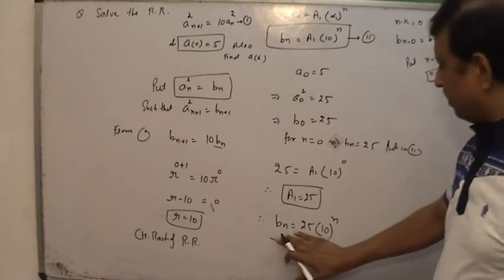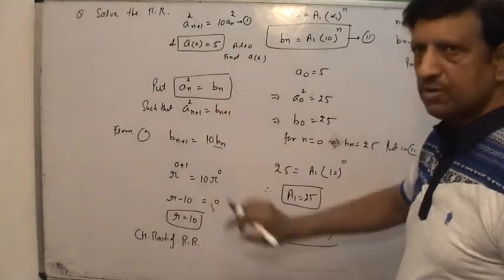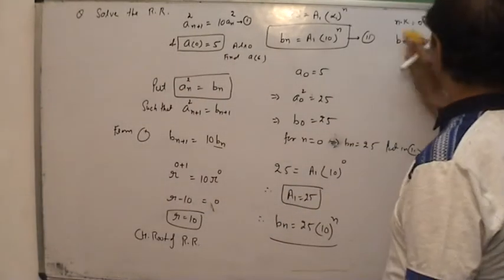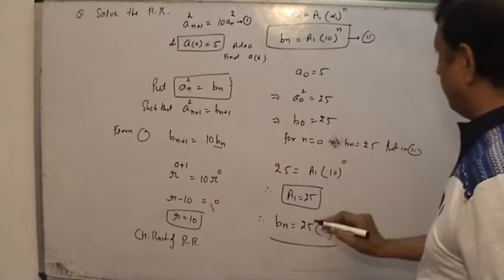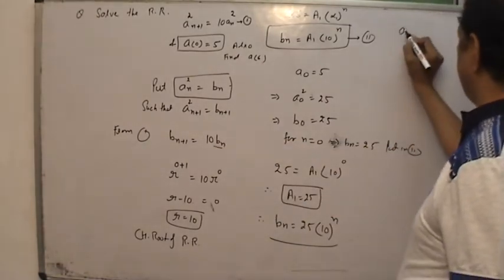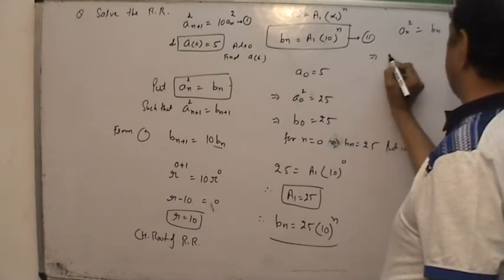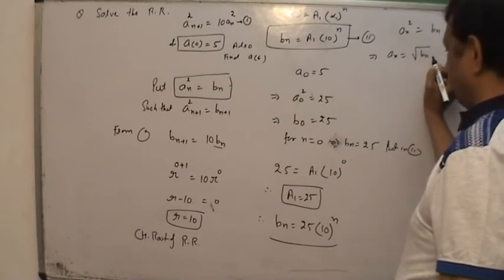We can resubstitute the values of bn. So bn is equal to a square n. Let's see. From this relation, bn is equal to a square n. We say a square n is equal to bn. This implies an is equal to the square root of bn.